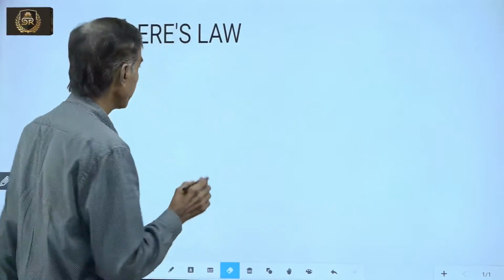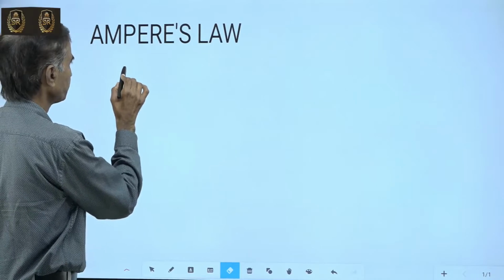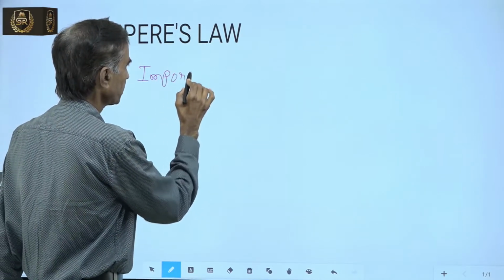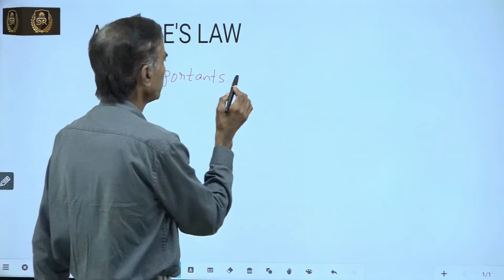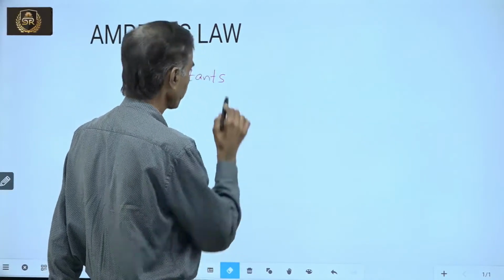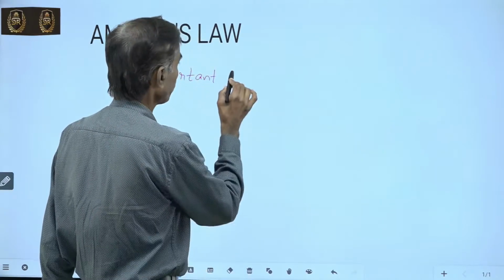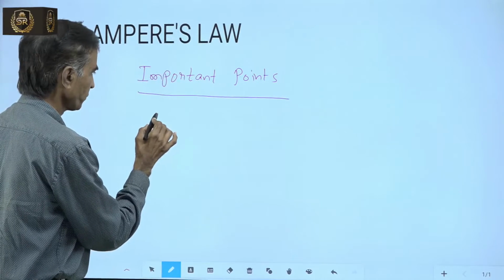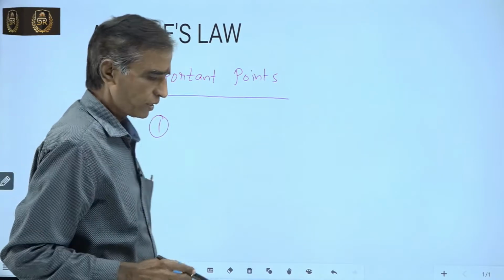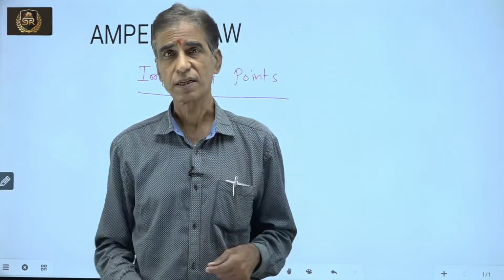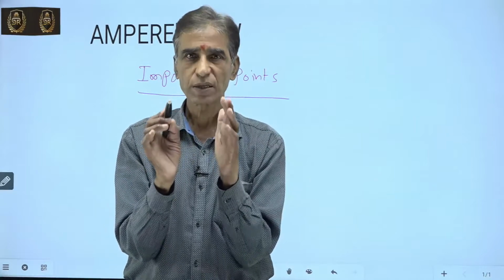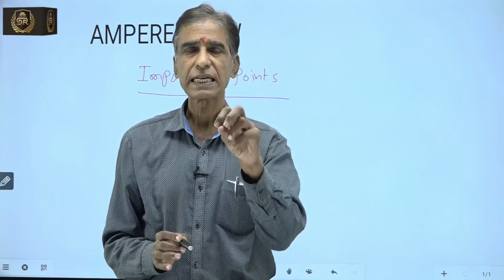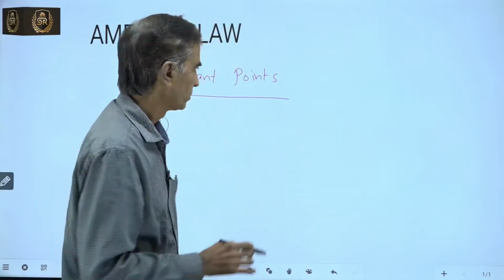First point: when we are using Ampere's law, the shape of the Amperean loop, the size of the Amperean loop, and the position of the current carrying conductor are not important.